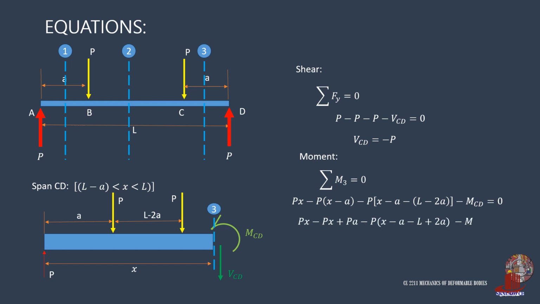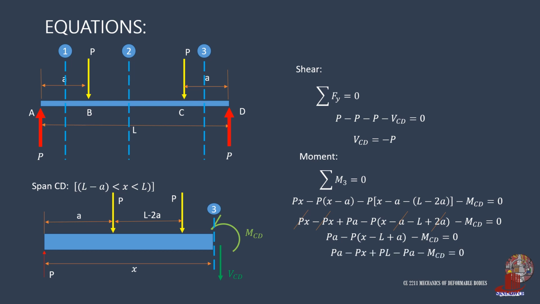Simplify the whole term to have Px minus Px plus Pa minus P times the quantity of X minus A minus L plus 2A, and also M of CD taken as negative as equal to 0. Px cancel out, and A reduces to get Pa minus P times the simplified quantity of X minus L plus A, then minus M of CD as equal to 0.